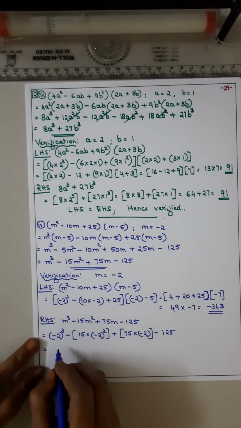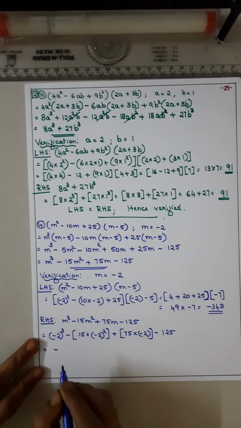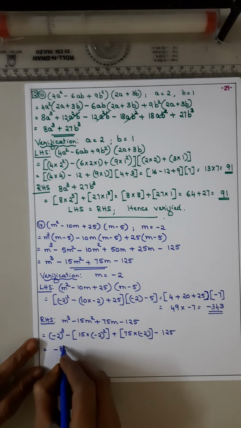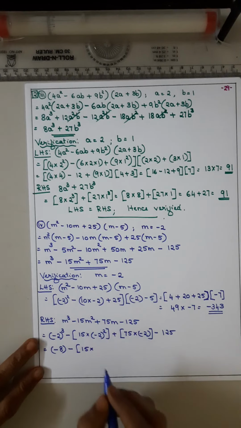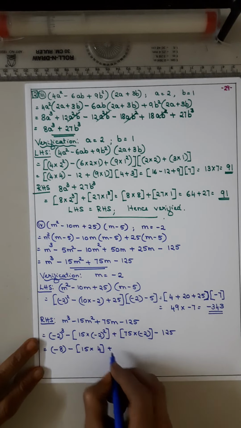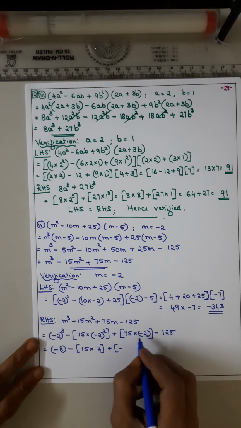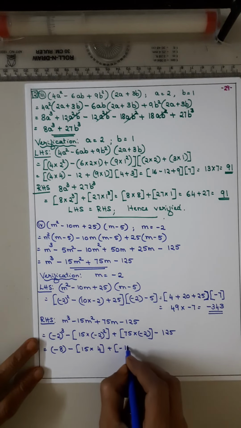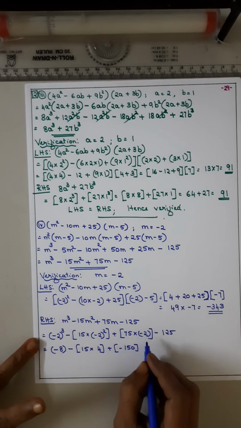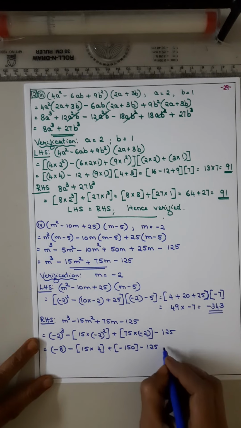-2 cube, minus odd power, so it will be minus, 2 2s are 4, 4 2s are 8. Minus, this is 15 into minus squared, it becomes plus, 2 2s are 4, plus, this is plus minus minus 75 2s are 150, 2 5s are 10, 1 2 7s are 14 plus 1, 15, minus 125.